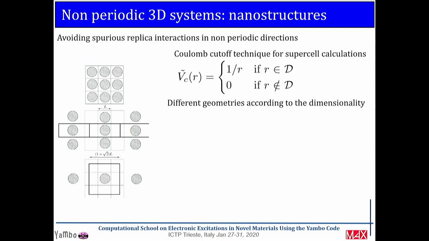And there is a simple idea: to modify our Coulomb potential. Our interaction will not be 1 over R, but will be 1 over R until a certain threshold, and then will be 0.